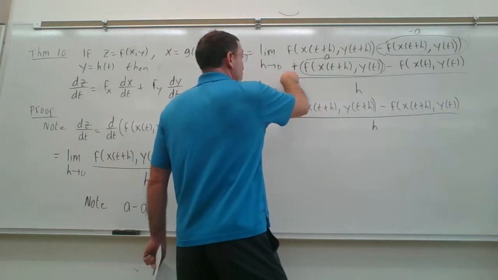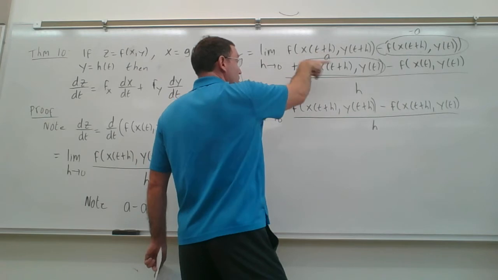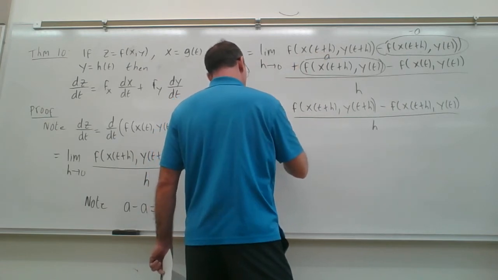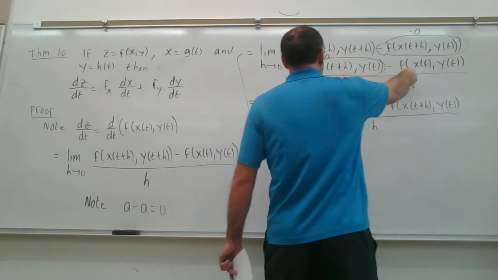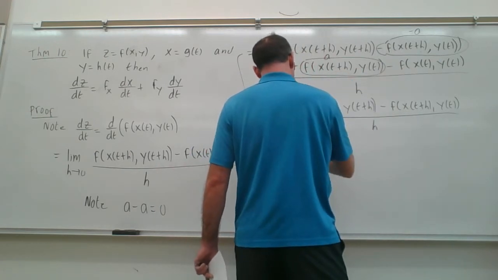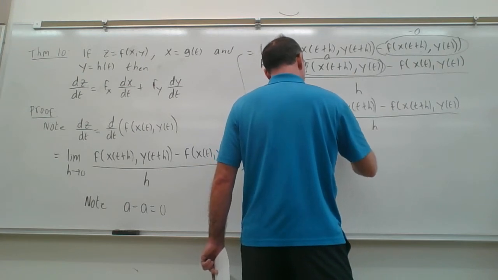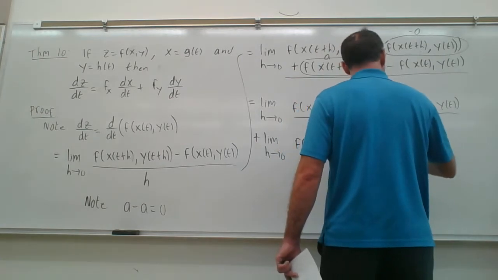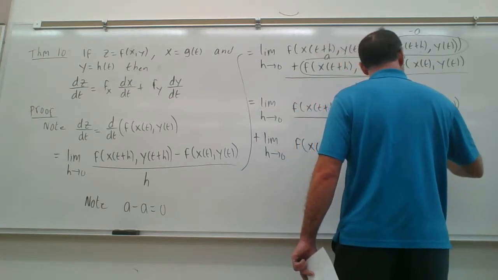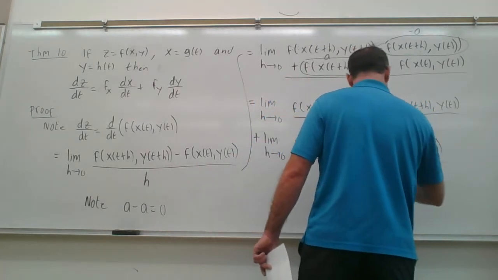Then I'm going to do the limit of the last two guys to be plus. So I'm distributing the limit. The limit as h goes to 0 of these two, f(x(t+h), y(t)) minus f(x(t), y(t)), divided by h. Then I'm going to apply the lemma we just proved.